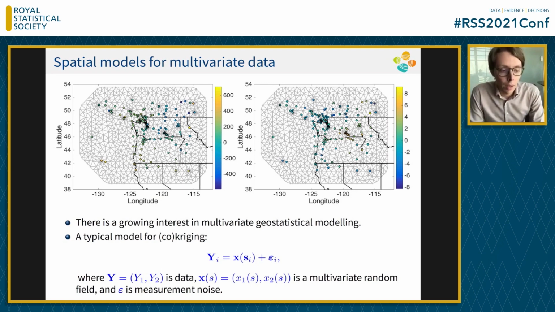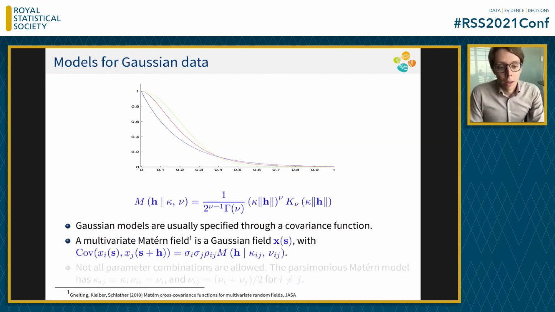A common way to do this is to assume that x follows a multivariate normal Gaussian random field. This model would then be uniquely specified by its mean value function, which is typically modeled using some covariates, such as perhaps altitude or latitude and longitude, and then a covariance function that specifies the dependencies in the model. So the main task is then to specify this Gaussian field through its covariance function.